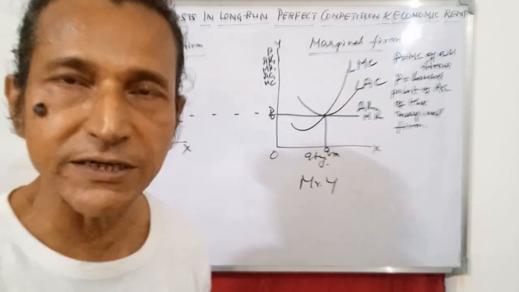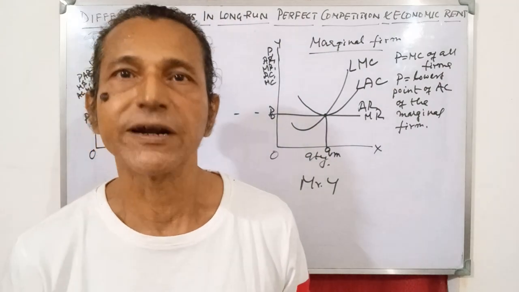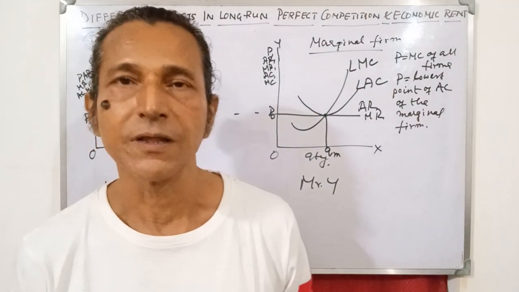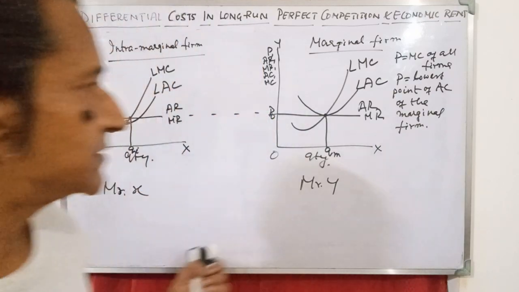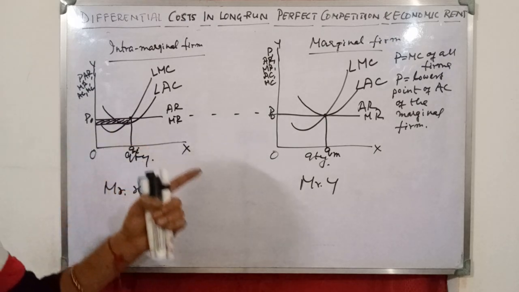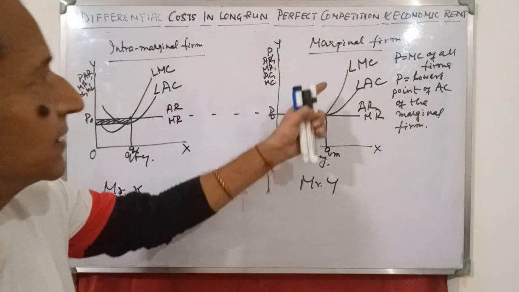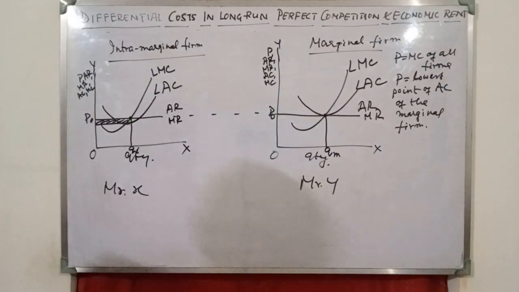That is quality of raw material, productivity of labor, size and productivity of plant and machinery, geographical location. There are many factors for which the intramarginal firm earns supernormal profit, that is profit higher than the profit earned by the marginal firm.